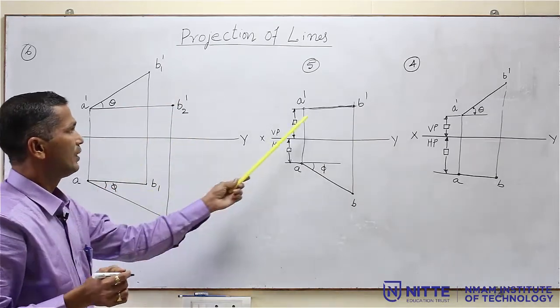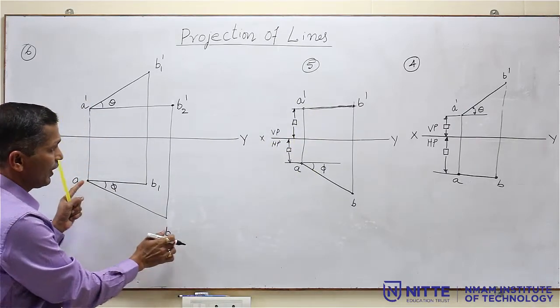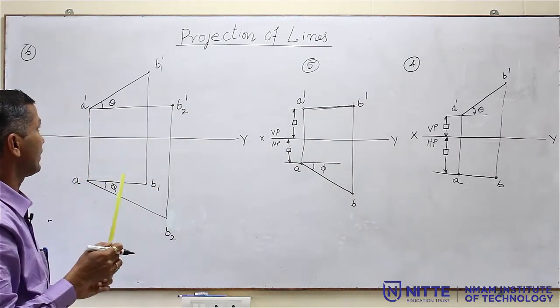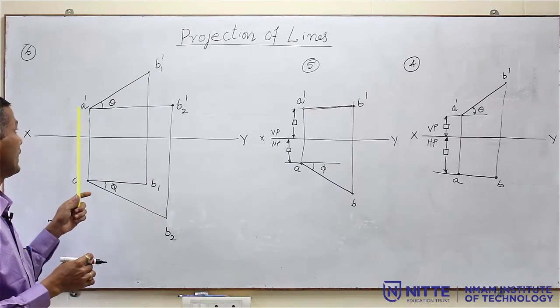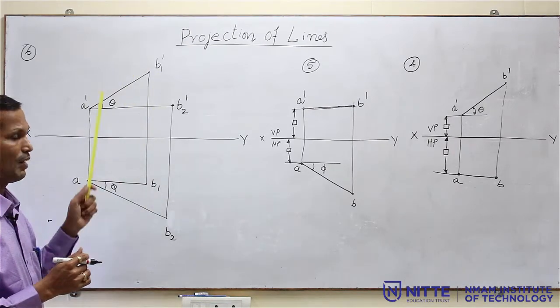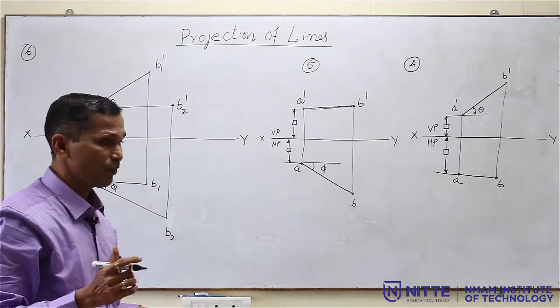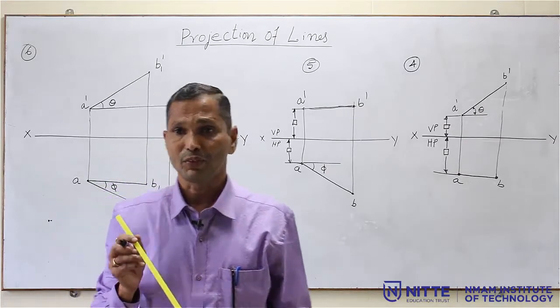This is the view similar to this, just A B2 and A dash B2 dash. Now, here we cannot see the B dash anywhere, only A dash is there, B dash is not available. Similarly, A is there, B is not there. Then we have to obtain the actual front view and top view. So, this is the procedure.